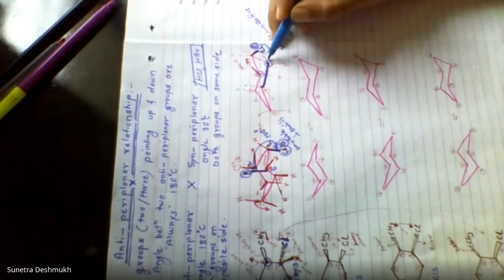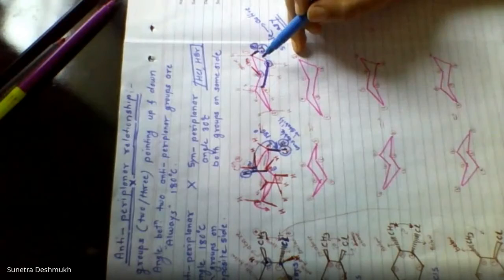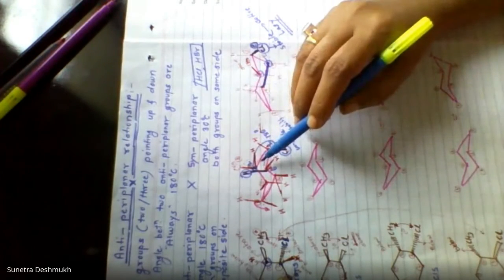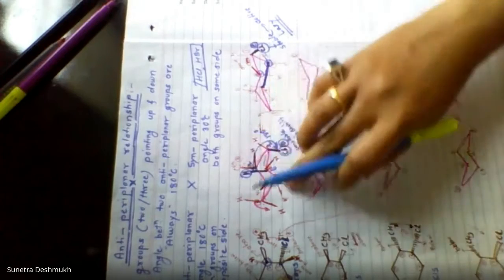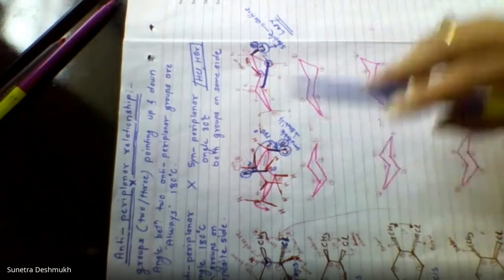This hydrogen is neither equatorial nor axial, so we cannot eliminate. But the angle between these two hydrogens here and here is almost 30 degrees. This angle is not the ideal angle for elimination. The ideal angle for elimination is 180 degrees. You can find that over here only.